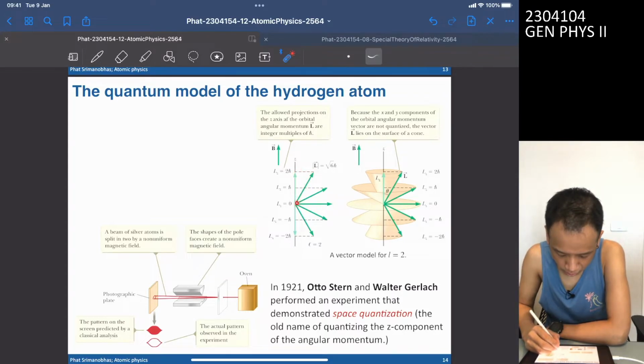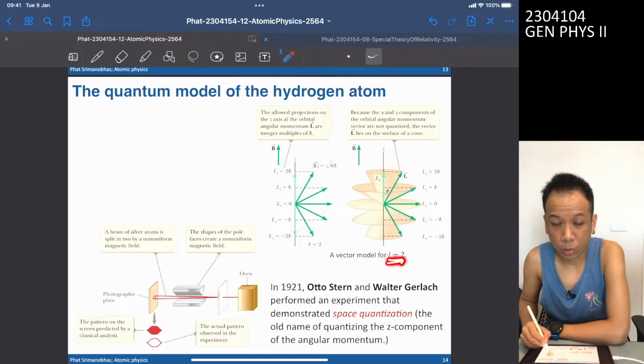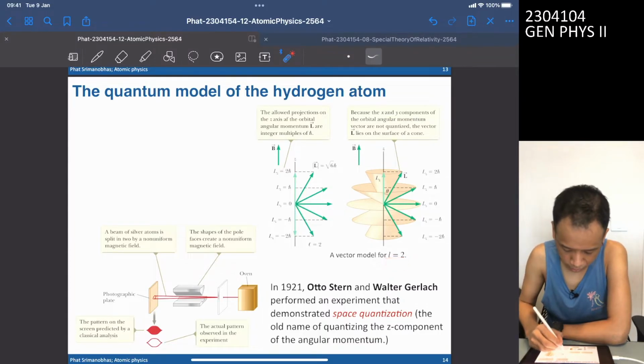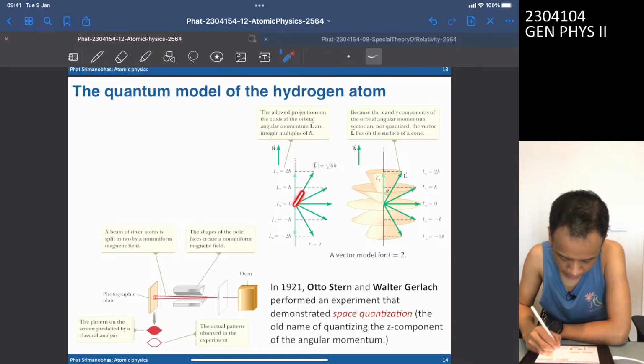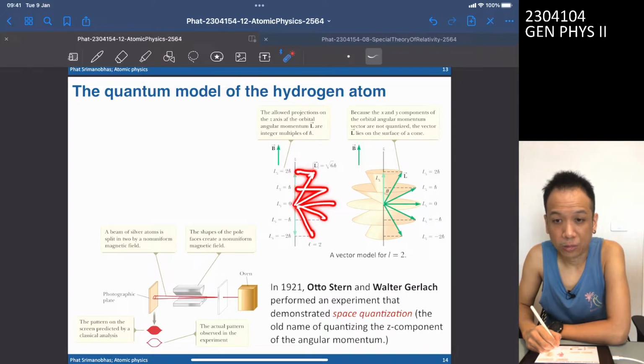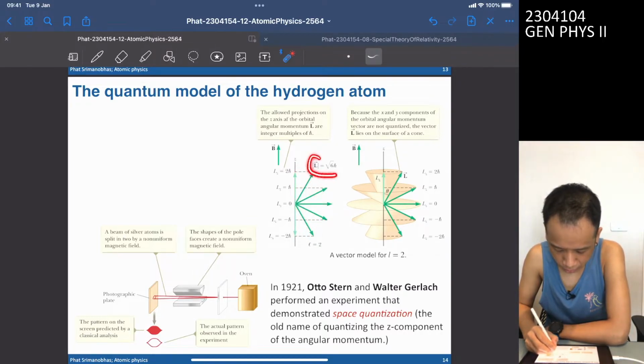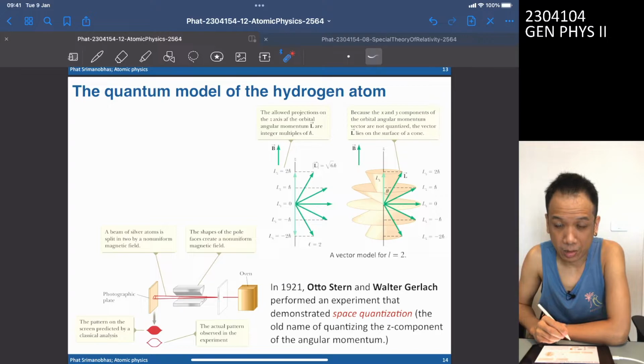For example, this is the model for L equal to 2, so ml runs from minus 2 to 2: minus 2, minus 1, 0, 1, and 2. So the projection of L on the z-axis has only 5 values.